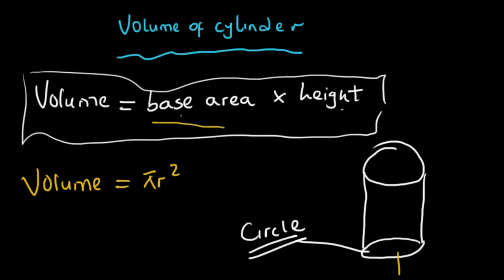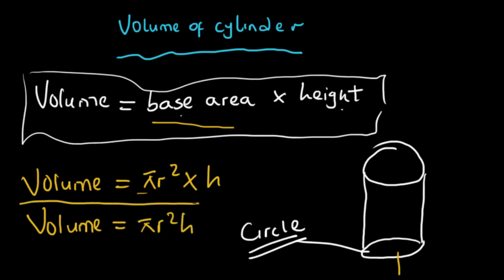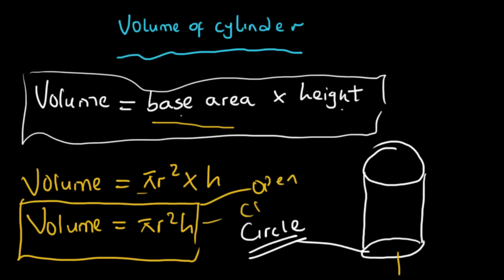So that means base area is pi r square times the height of the cylinder. So the volume of a cylinder equals pi r square h. And here's the formula for the volume of a cylinder. It doesn't matter whether it's an open cylinder or a closed or solid cylinder. The volume of a cylinder is pi r square h.